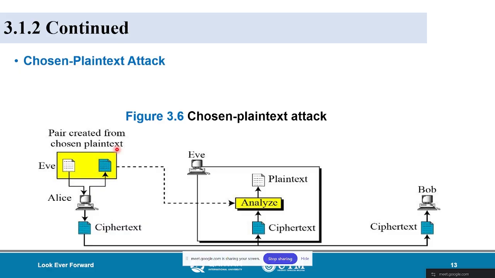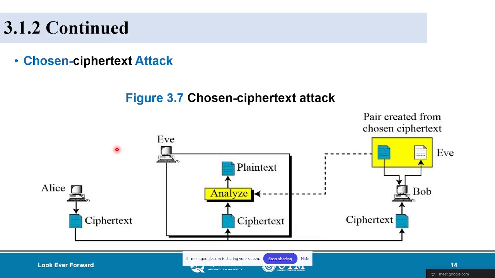Now Alice sends the ciphertext. Now Eve has chosen plaintext, a lot of plaintext, and knows the ciphertext of them. So she will try to analyze the pattern that Alice is using.